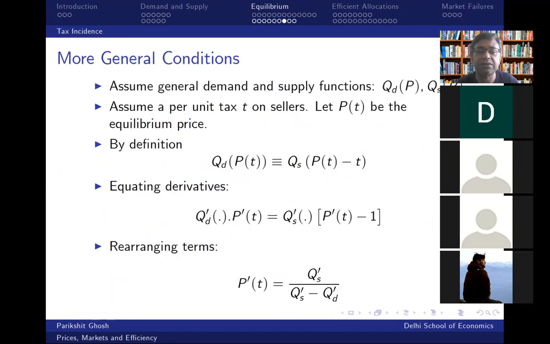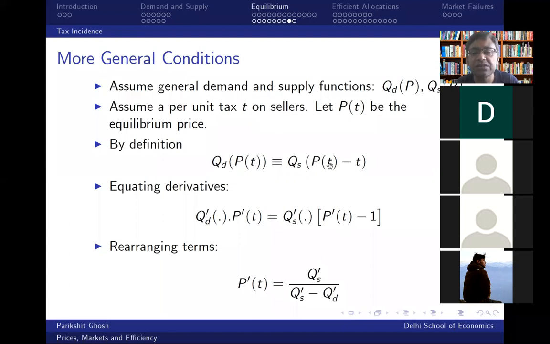I'll address that question with general demand and supply functions, right? Not linear ones. So this is the market clearing condition, demand equals supply. And since the split of the tax doesn't matter, let's assume that the tax in question is a tax entirely on sellers, right? Any other division will produce the same effect. So let's say it's entirely a sales tax.